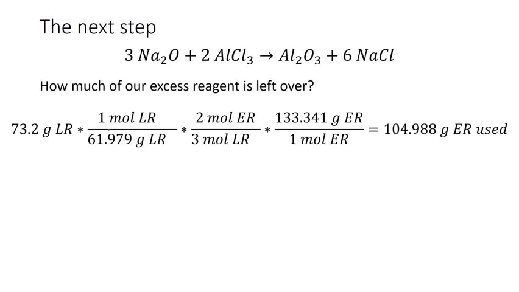And so we're just going to go through and do the same thing. We're going to treat it like any other stoichiometry. First step, converting from our unit to moles for our limiting reagent. Mole ratio, or the balancing numbers, come from our balanced chemical equation.